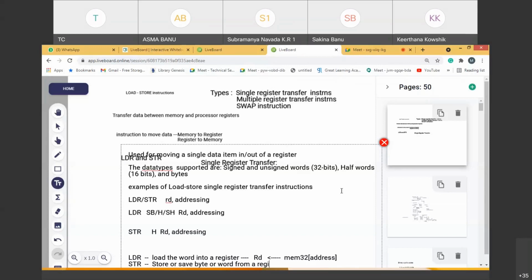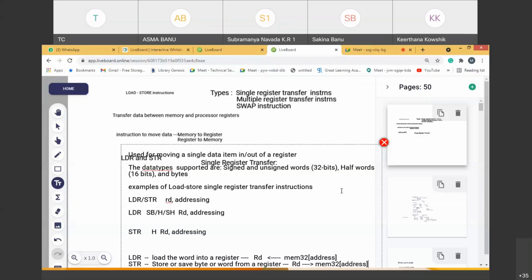Please understand, we cannot jump directly there, we need a clear picture. How I am showing the direction, I should change now. Rd to memory, I should show the direction. Mem is my indication of the memory with the particular address location. That is how we should write.